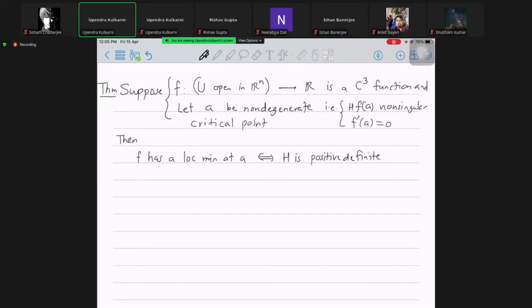Remember, the matrix has to be symmetric because the function is C3, in particular it is C2. And it has a local maximum at A if and only if H is negative definite. Remember, positive definite simply means that all eigenvalues are positive, and negative definite means all the eigenvalues are negative.